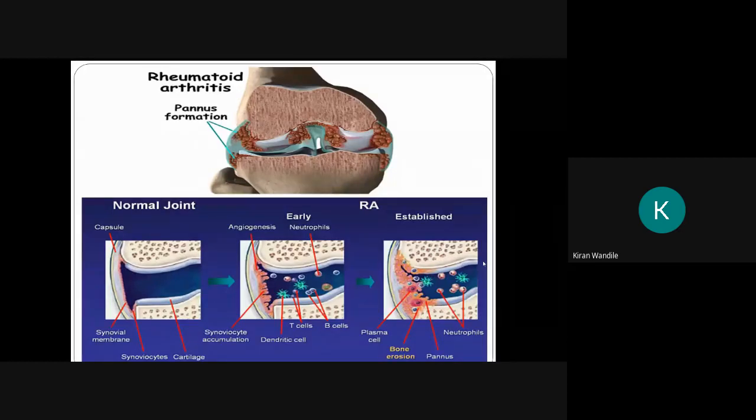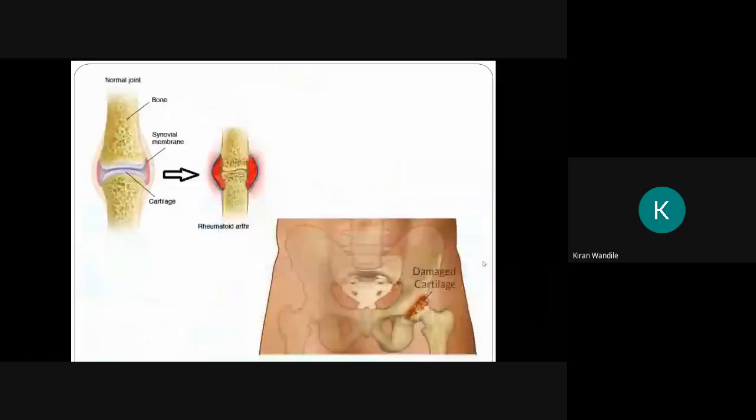So in the first photograph, a normal joint is shown where you can see the normal cartilage, the capsule, the synovial membrane, and now there is accumulation of these immune cells, that is T cells, B cells, dendritic cells, synoviocytes. They gradually start eroding the cartilage, and then finally the bone is eroded, causing the rheumatoid arthritis.